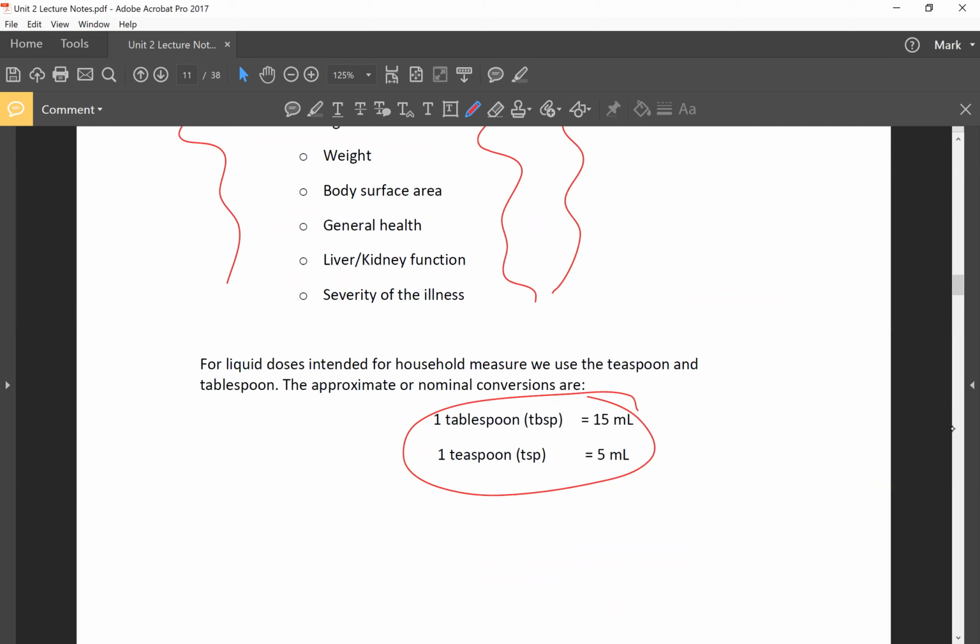These come from really old terms. I'm not sure where they originate, but these have been used in recipe books for the last 100 years, probably or more. A tablespoon is a bigger value. It's 15 milliliters. And a teaspoon is smaller, it's 5 milliliters.